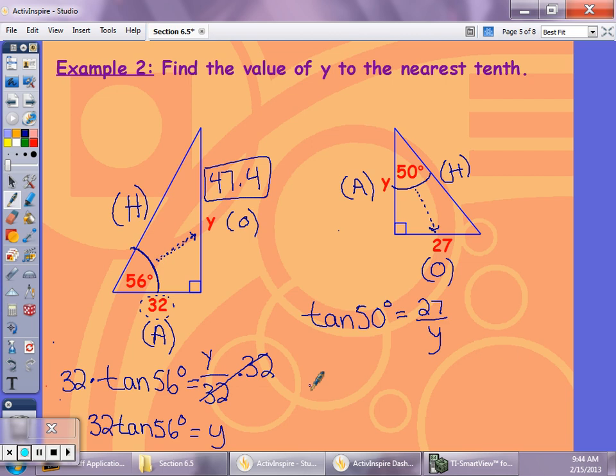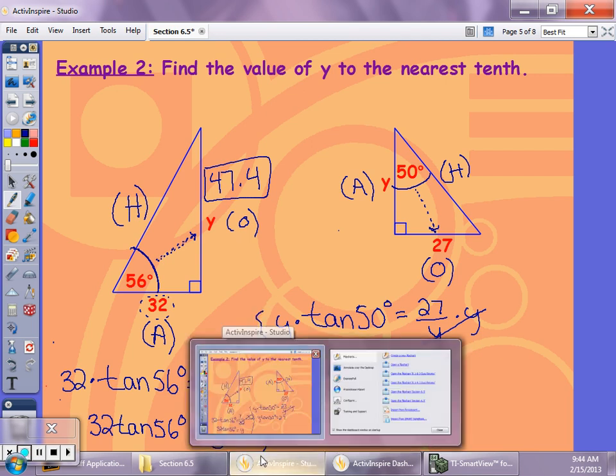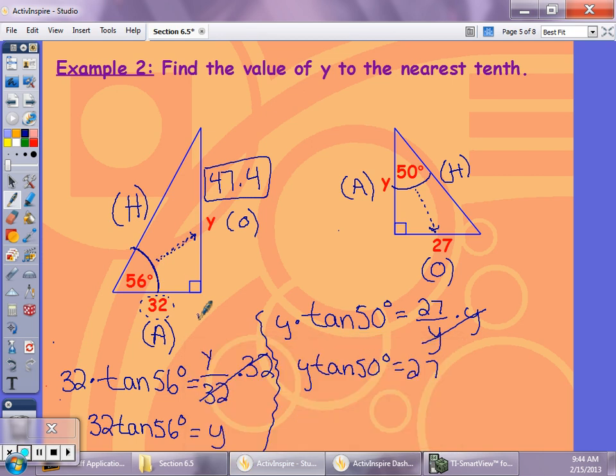So in order to get y by itself, we first have to bring it out of the denominator by multiplying both sides by y, which leaves us with y times tangent of 50 degrees is equal to 27. So if we have y times the tangent of 50 degrees, to undo multiplying by tangent of 50 degrees, we're going to divide by tangent of 50 degrees on both sides.